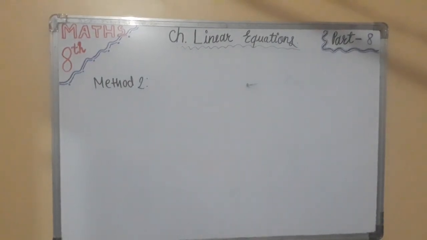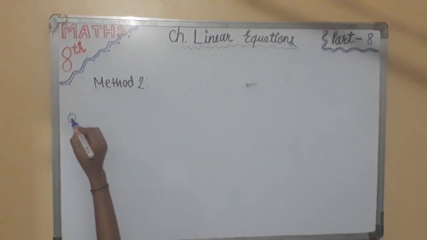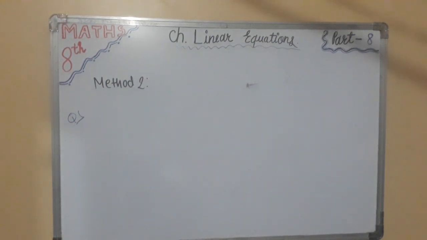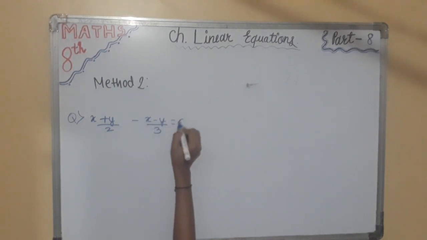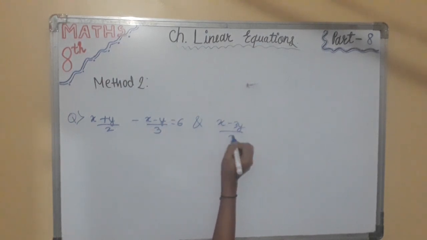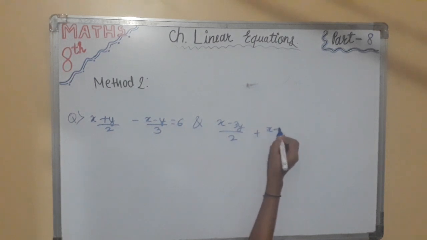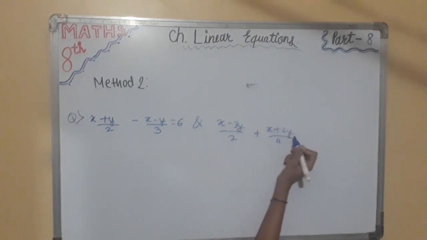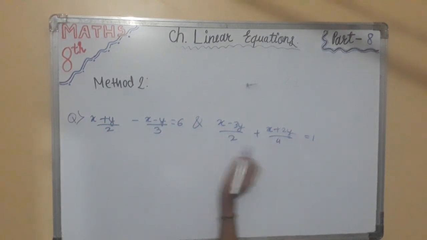So in method 2 our question is, find the value of x and y by solving, and it is x plus y upon 2 minus x minus y upon 3 is equal to 6, and another equation is x minus 3y upon 2 plus x plus 2y upon 4 is equal to 1.